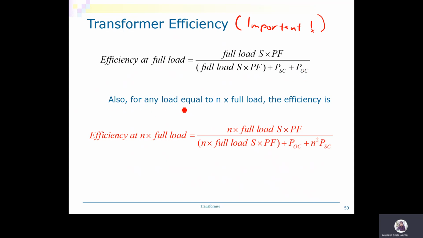Also for any load equal to N times full load, the efficiency at N times full load is equal to N times full load S times power factor over N times full load S times power factor plus P open circuit plus N square P short circuit.